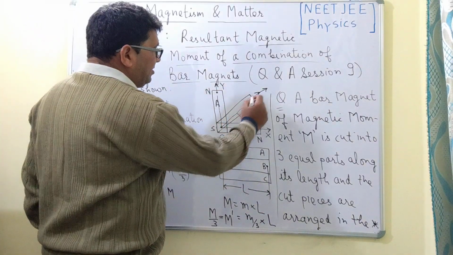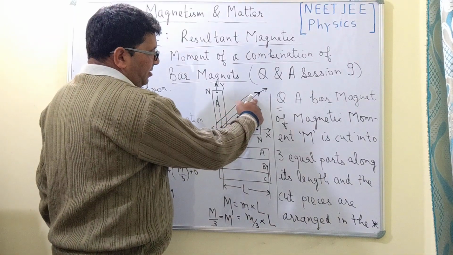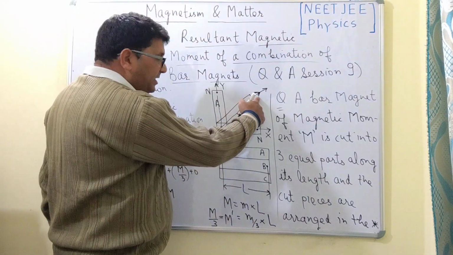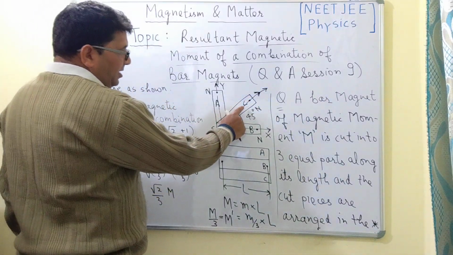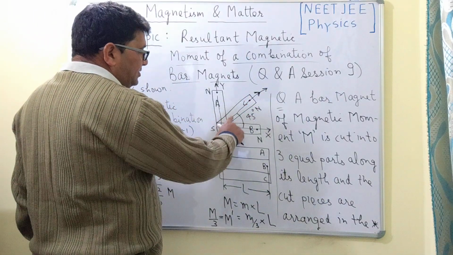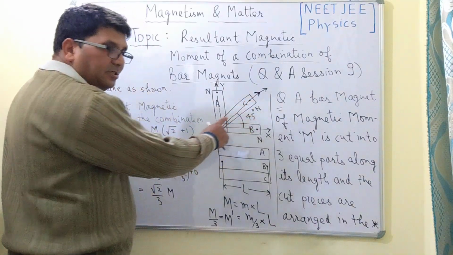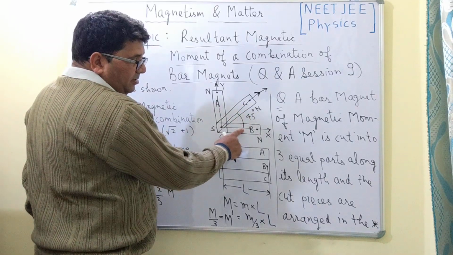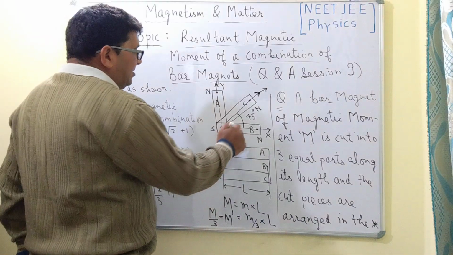That is, it will be along the direction of the magnetic moment of the bar magnet C, because the magnetic length of the bar magnet C is aligned with the x-axis at an angle of 45 degrees.